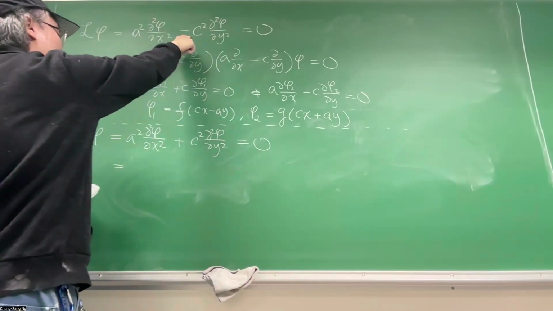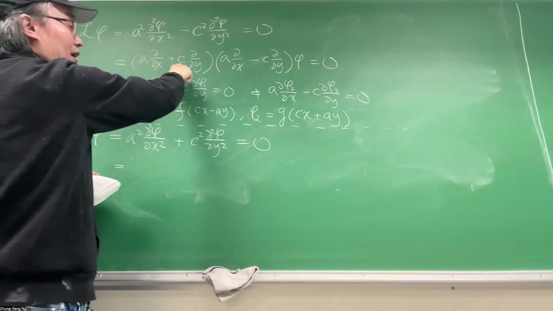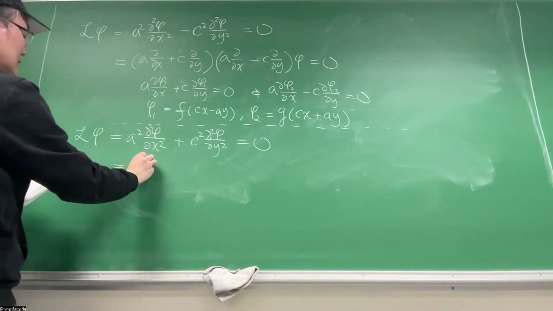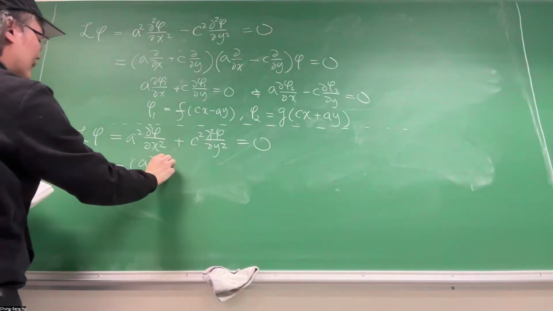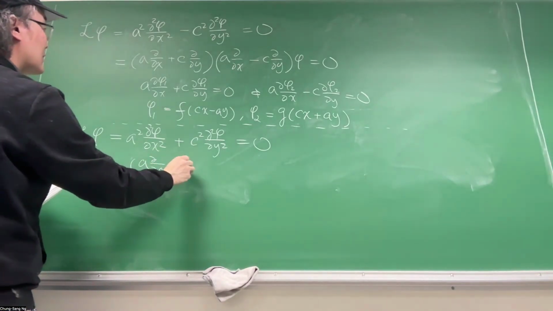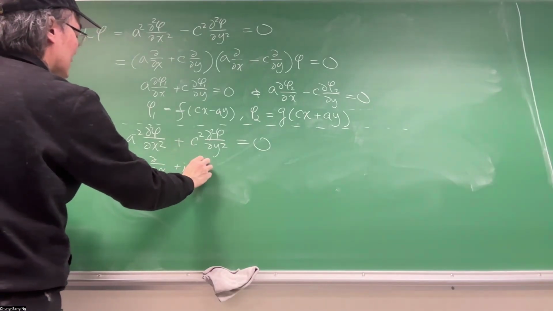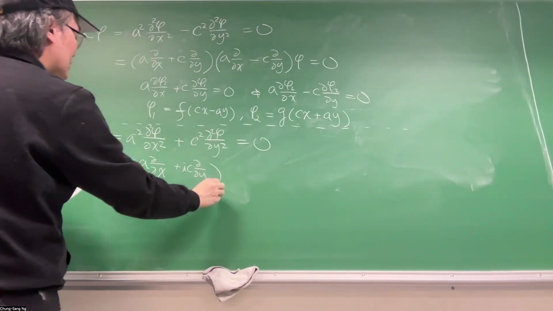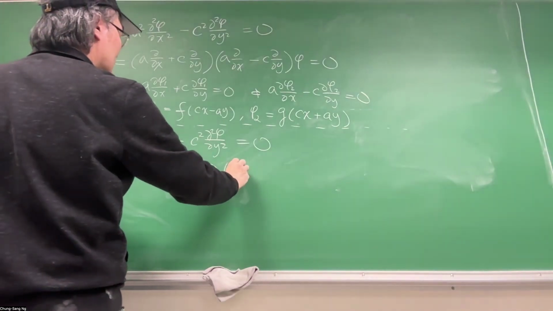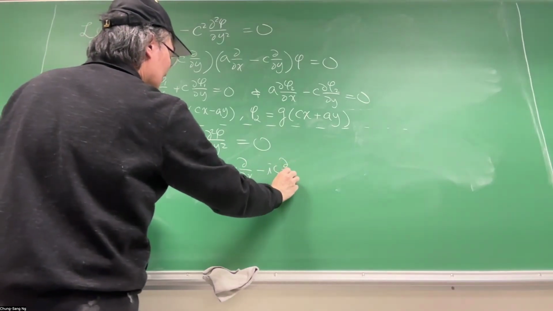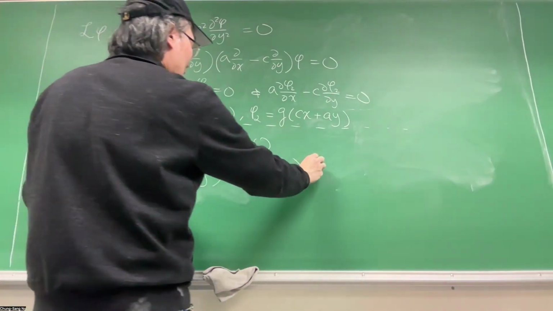So in order to get plus c squared, you need i times i to become a minus sign. So a partial x plus i c partial y, then a partial x minus i c partial y, phi is 0.